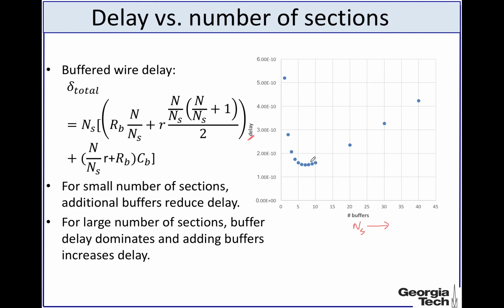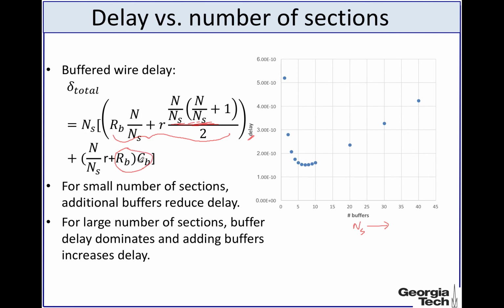So intuitively, why does it happen? The reason is that when ns is small, you get the benefits from the scaling of this term over here, because it goes down as a function of ns squared. But as you go on increasing ns, at some point this CBRB term becomes larger.